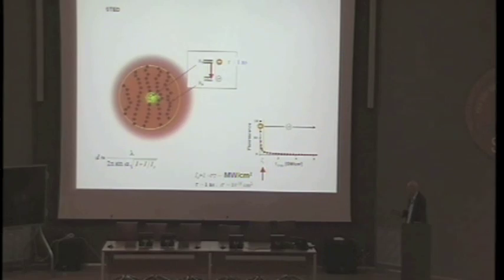And this instantly also tells you the weakness of this concept. I told you that you need a certain intensity to shut the molecules off, to keep them down in the ground state, something like megawatt per square centimeter. It's not too large. You've seen it in the live cell, you've seen it in the living mouse. But it doesn't offer you room to get further up in intensity, because at some point it will become too large. Why do we need these intensities? It's very simple.